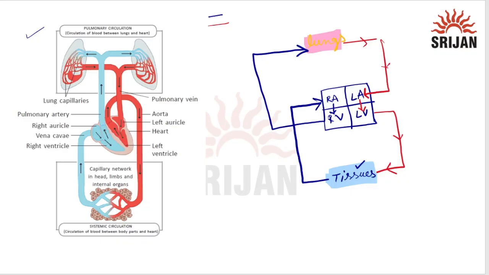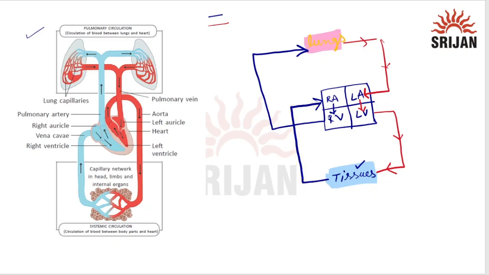Now we have to learn the names of the major vessels involved in this process. The vessel which is carrying the blood from the tissues to the right auricle, I have marked it with the yellow color, highlighted it.